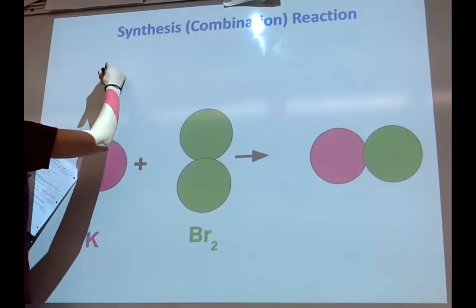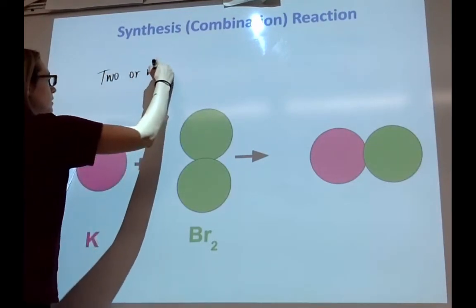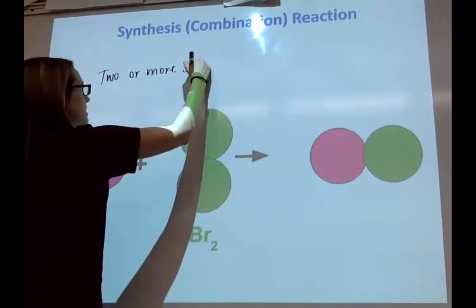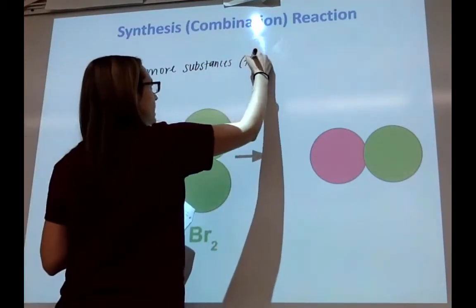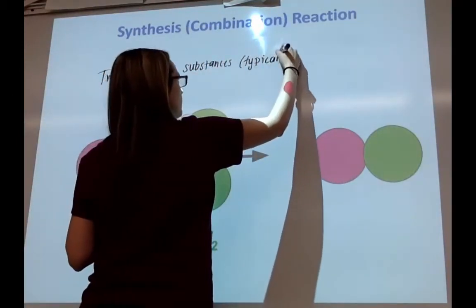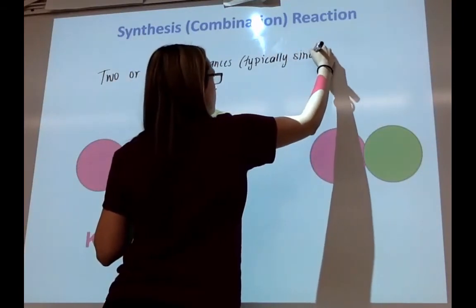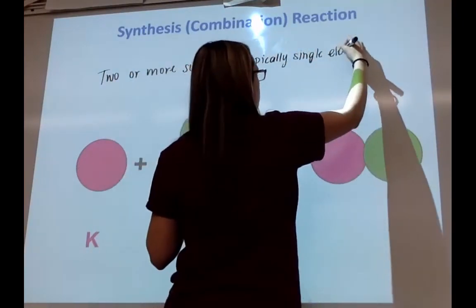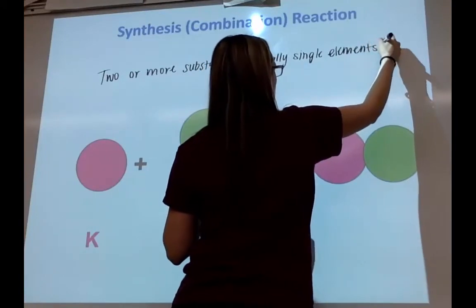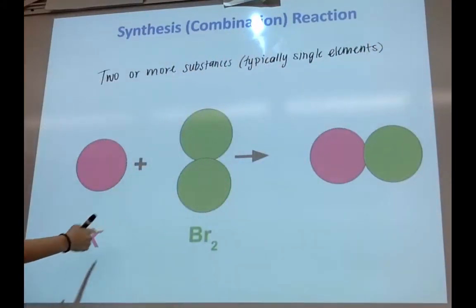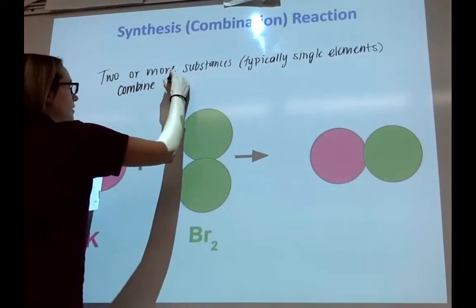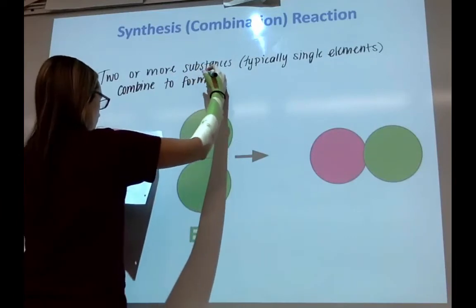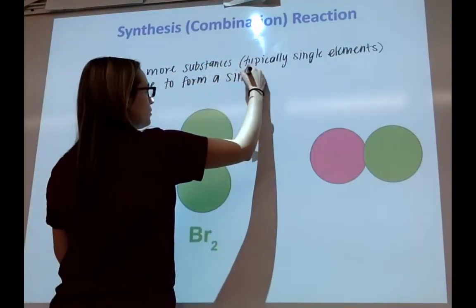So you have 2 or more substances, typically elements, so 2 or more substances, typically single elements like potassium and bromine, combine to form a single new substance.